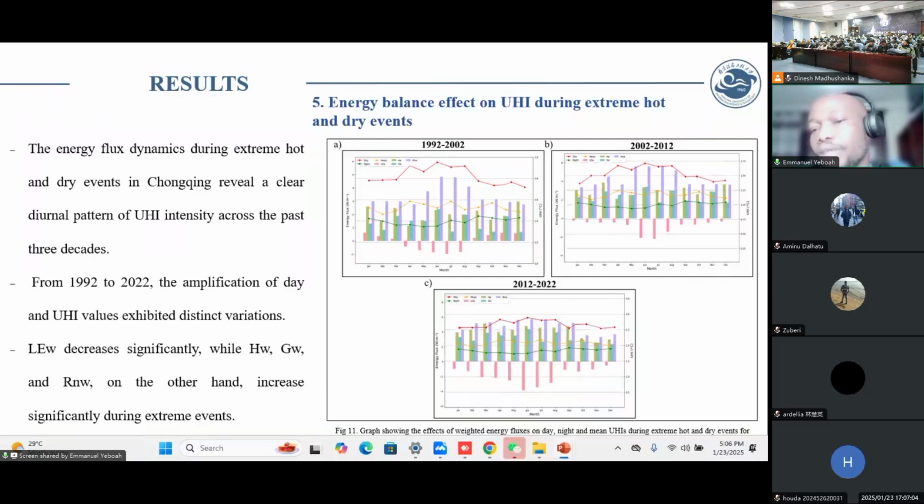That is because even during the daytime, these building materials trap the heat and then release it as long wave radiation. Those interfluxes can also testify to this. So during extreme hot and dry seasons, UHI tends to amplify. That means it tends to deviate from its normal trend line, as a result of elevated temperatures within the city center.